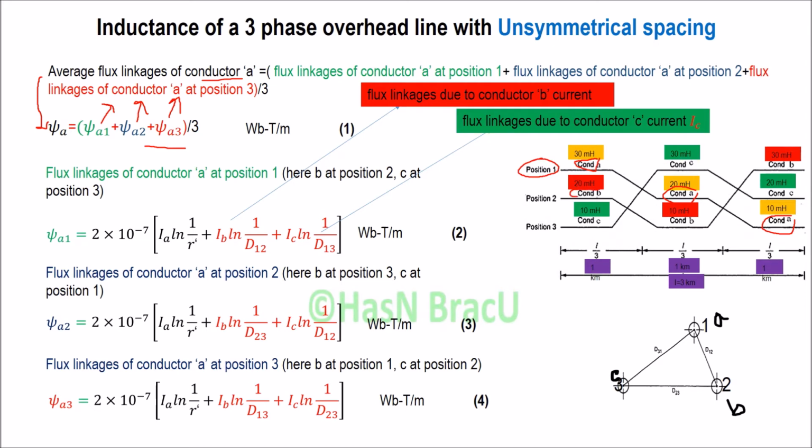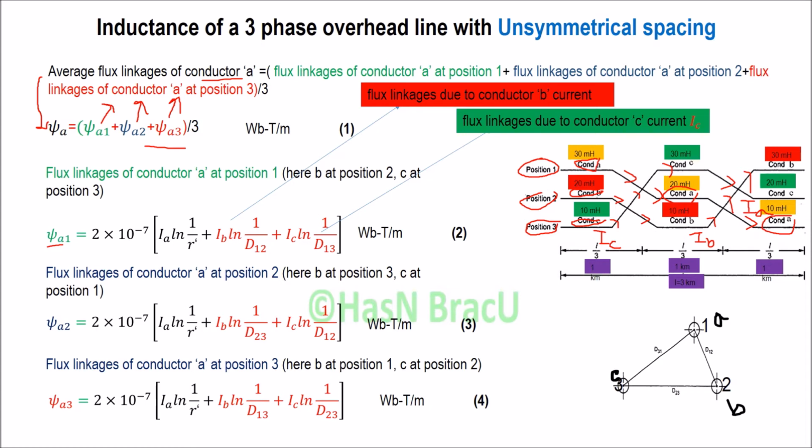Conductor B is at position 2, conductor C is at position 3, right? So we can write psi A1 equal to 2 into 10 to the power minus 7 IA. Current IA is flowing through conductor A, current IB is flowing through conductor B, and conductor C is carrying IC current, right? So this is IC current, this is IB current, and this is IA current, right?